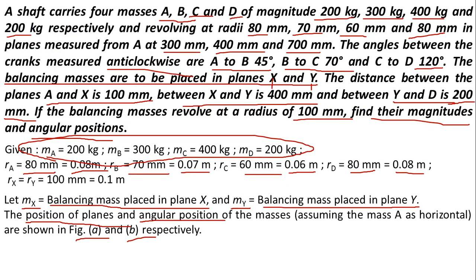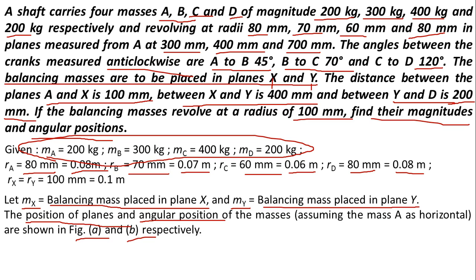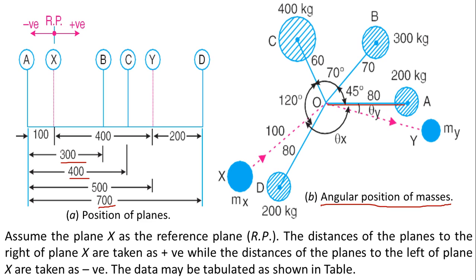Next, after that, the angle is given, that is, the angular positions. So this will be the initial 0 degree, that is the first mass. From there you have to measure: A to B is 45 degrees, meaning after A, at B, there will be an angle of 45 degrees.